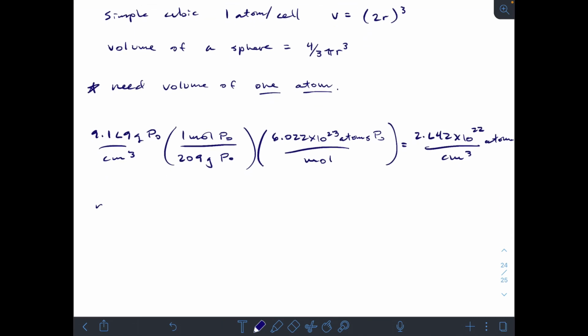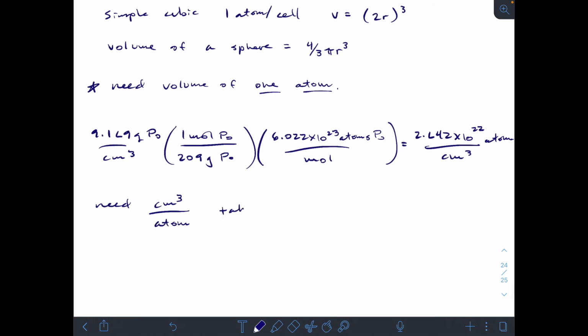Right? But I need centimeters cubed per atom. Right? So what I'm going to do is take the inverse of this number.